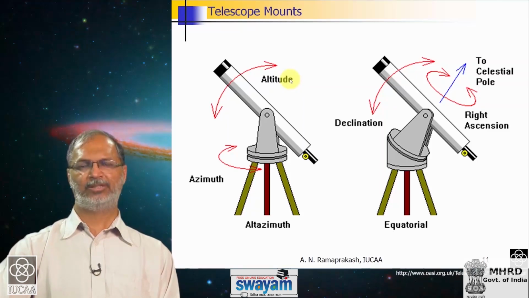And there are many ways, but 2 very common ways in which telescopes are mounted, so that they can track objects in the sky. One of them is shown on the left side. It is called an altitude azimuth or alt azimuth mount. What is done here is you have, let us call it, a vertical mount on which the telescope tube is mounted.